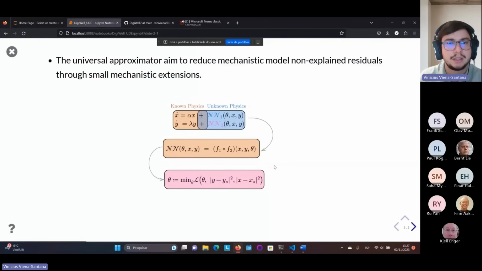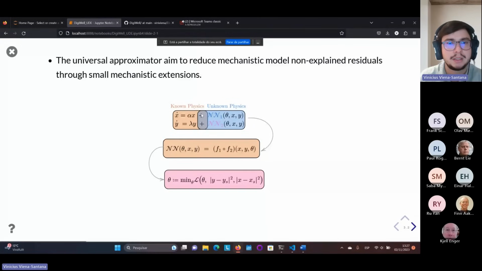Here I brought a bit of an explanation about universal differential equations. The word universal does not come from the fact that it explains everything in the universe. It comes from the fact that we are mixing differential equations with a universal approximator that aims to reduce the mechanistic model's non-explained residual.